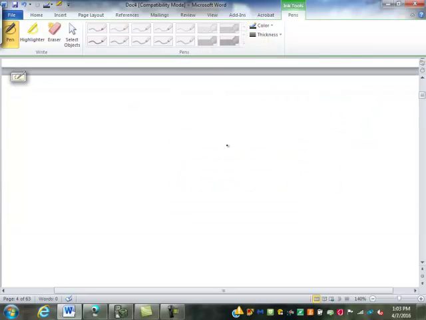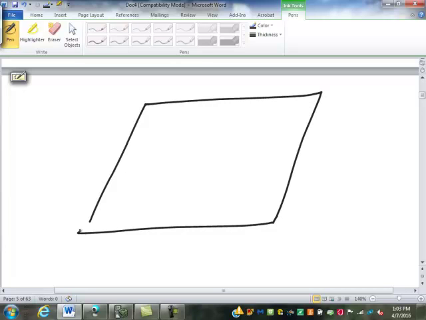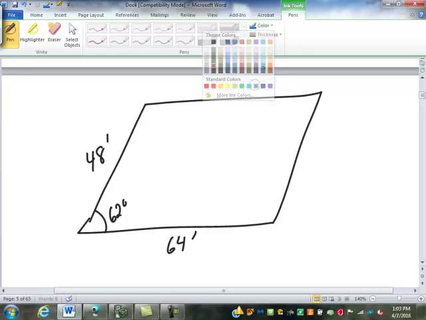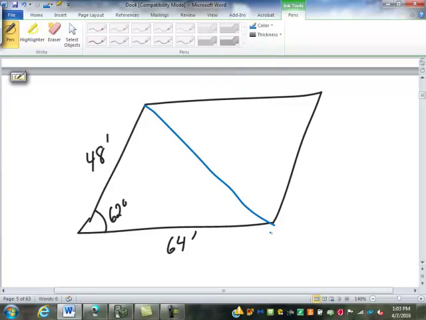So how would this apply to a picture that looks like this? Yes, that is a parallelogram. I give you that 62 degrees, and this is 48 feet and 64 feet. Well, if I cut it across like this, this triangle and this triangle are identical, aren't they? Exactly the same.